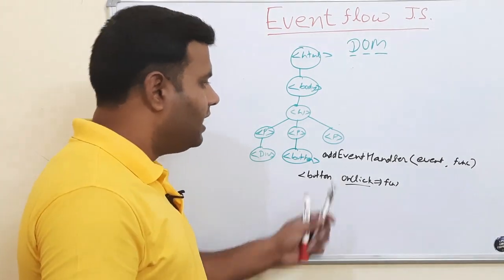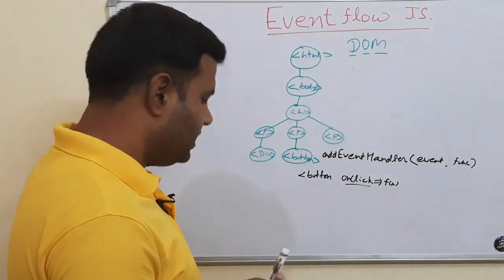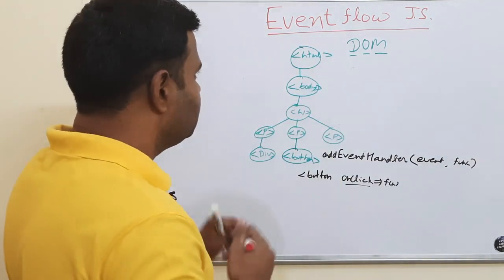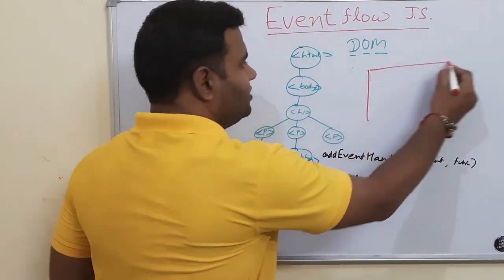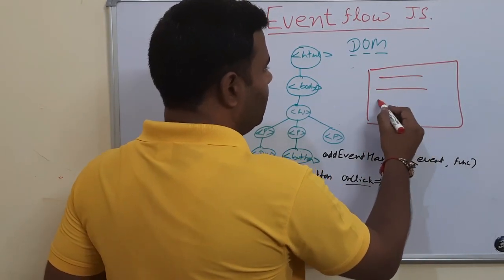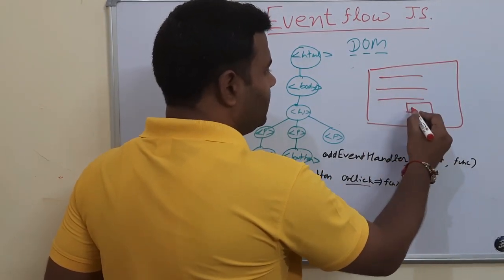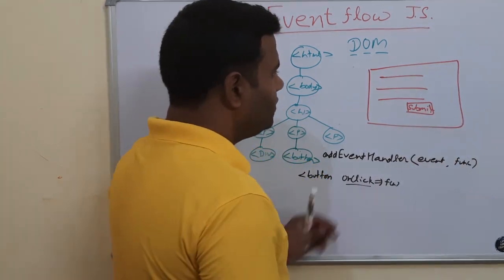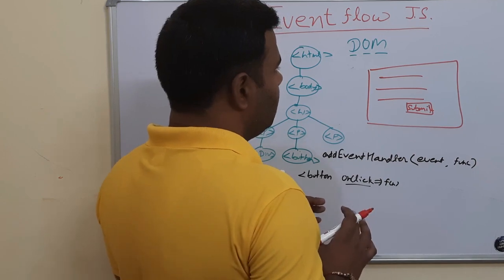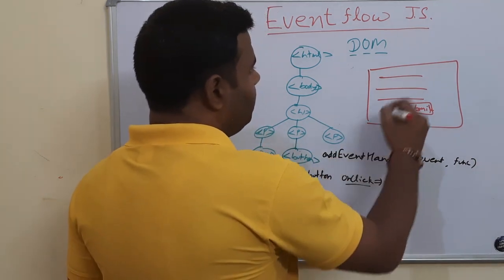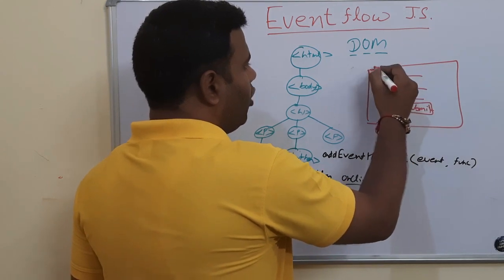Now how is this event handler triggered? Let's say you have clicked on this button. Now this is just one page, right? And here you have a few things, let's say some form, and there is a button, Submit. So there are two ways of event flow. Either it can come from the top. The top is what?